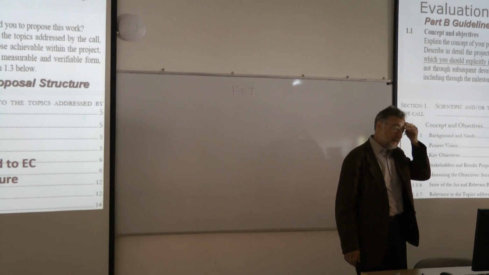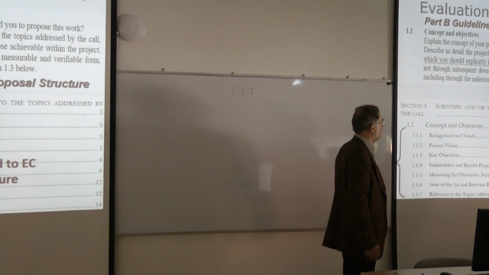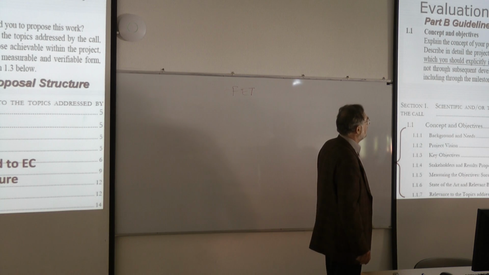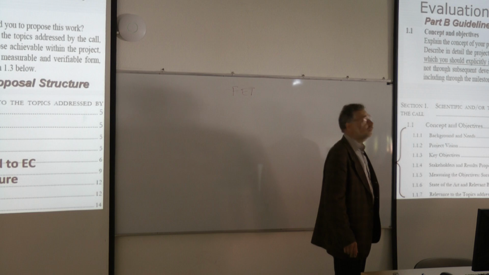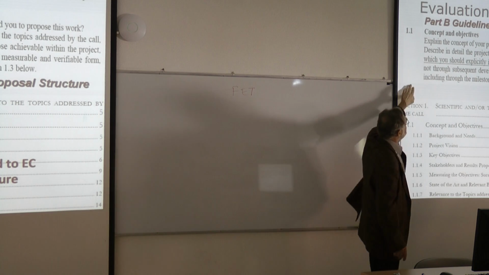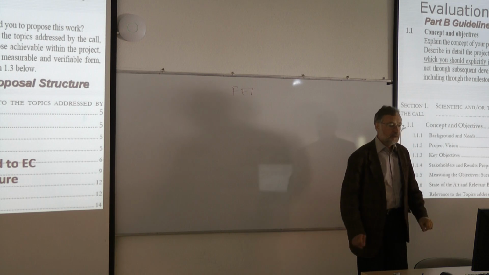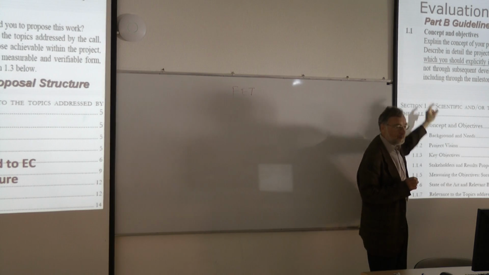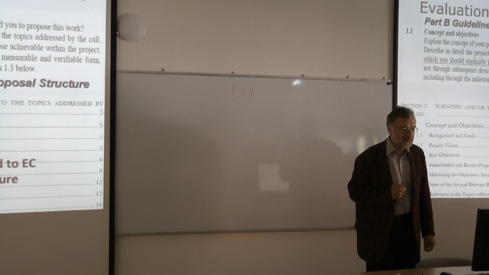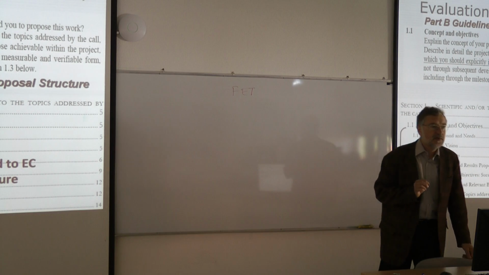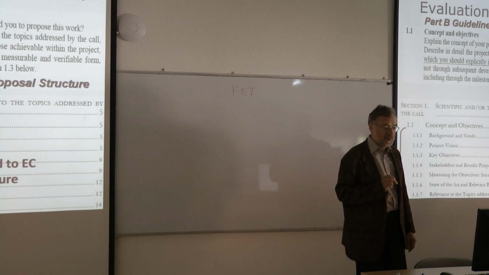Now we started to work on this and to bring all this together. This is just a few examples. This is what the European Commission has written: there should be a section 1.1, called concept and objectives, explaining the concept of the project, and so on.